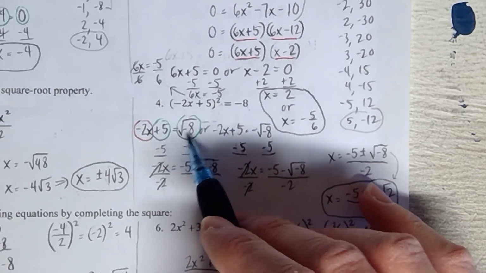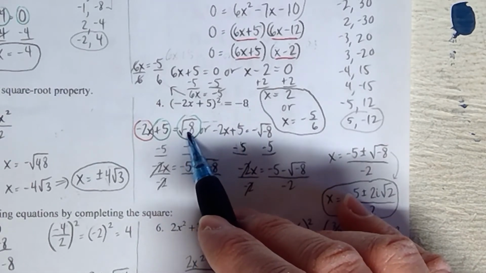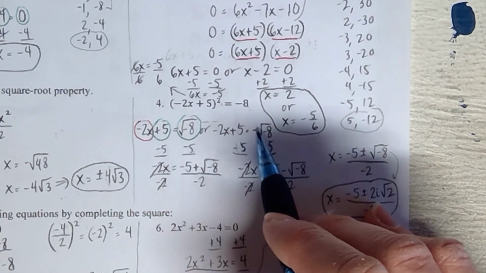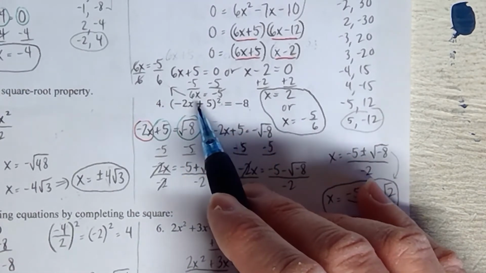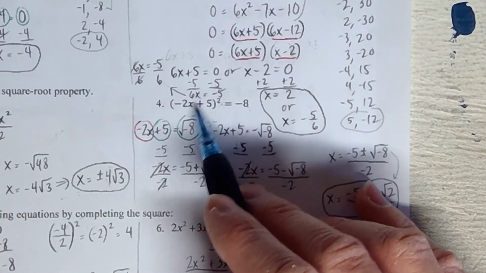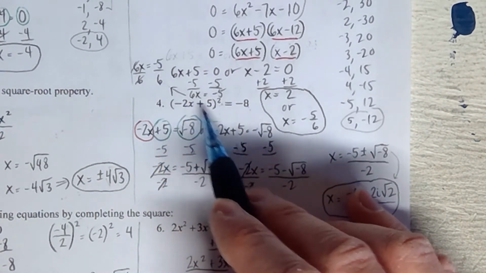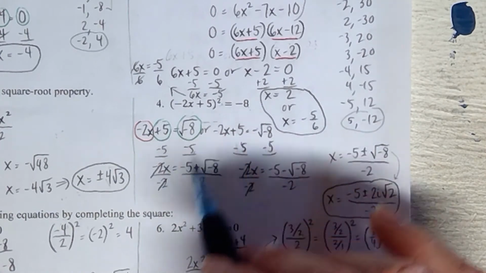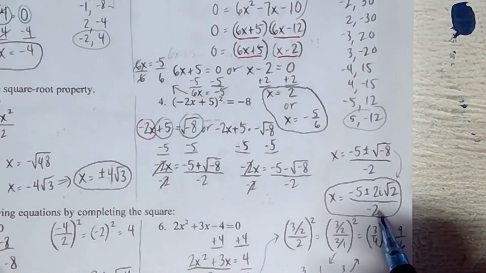That's where you do the 2 square roots here. One without the negative in front of the radical, one with the negative in front of the radical. You get rid of the square, and you bring down the inside of the bracket twice. And then you solve for the variable after that.